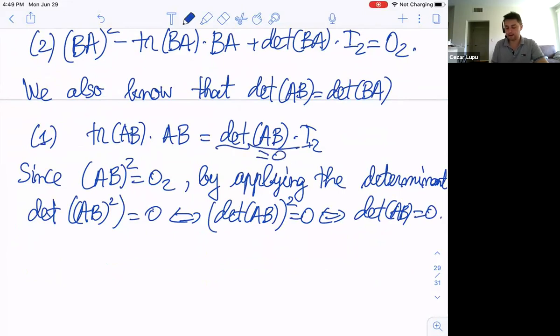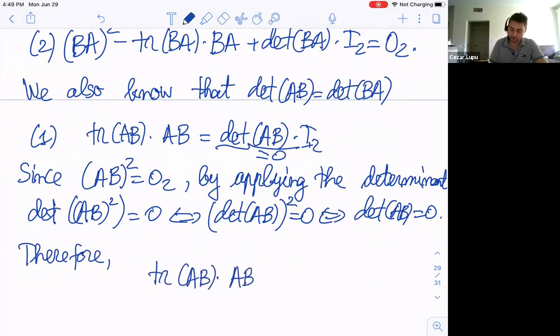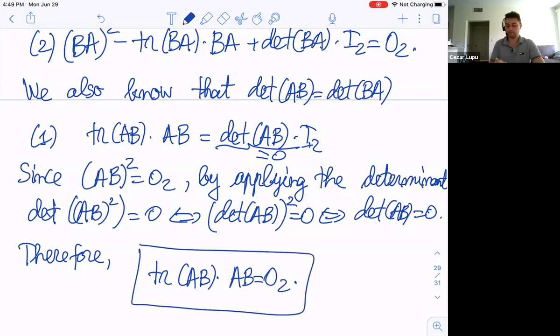This implies that trace of AB times AB equals the null matrix. So we have this relation.